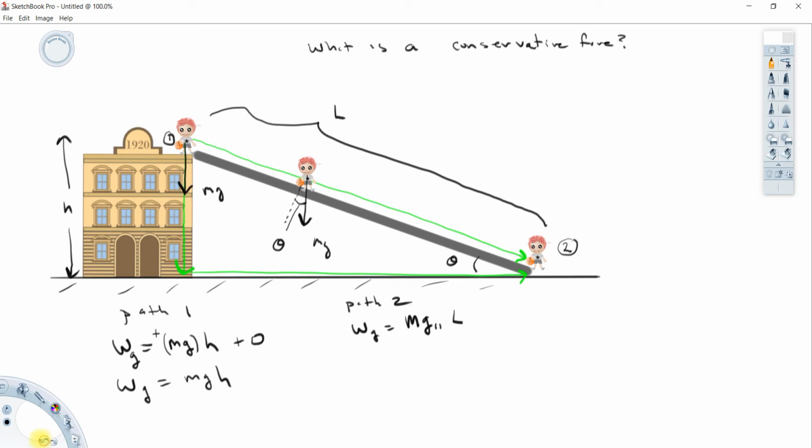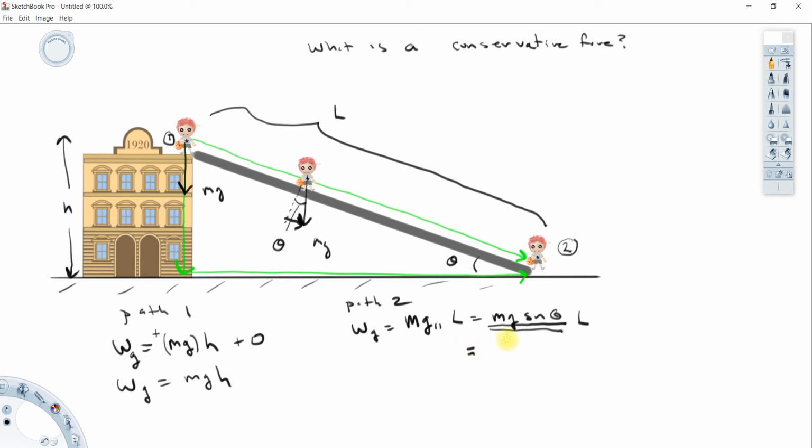So when we calculate the work done by the gravitational force, it's going to equal mg times the sine of theta. This is the component of the gravitational force that's in the direction of motion. And then we would multiply by L. Let me go back. We'll just make that a generic theta here. So force times distance, L.